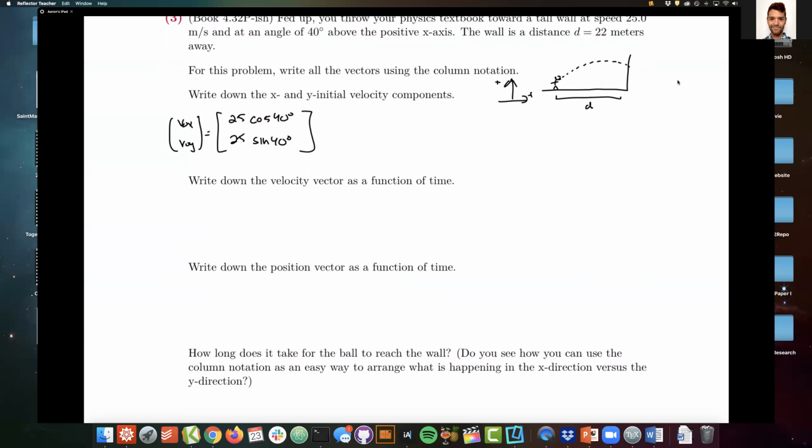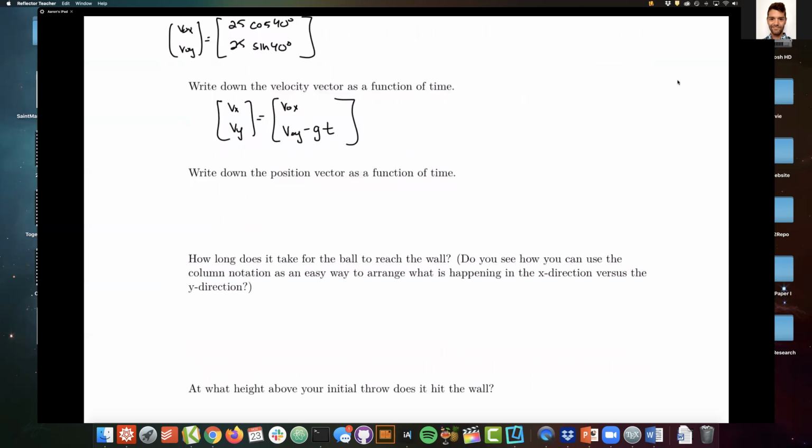Write down the velocity vector as a function of time. So Vx and Vy would be the initial Vx, since there's no acceleration in the x direction, but in the y direction there is an acceleration, so you have the kinematic equation. Write down the position vector as a function of time. That's similar to what I did before, so I'm not going to bother.